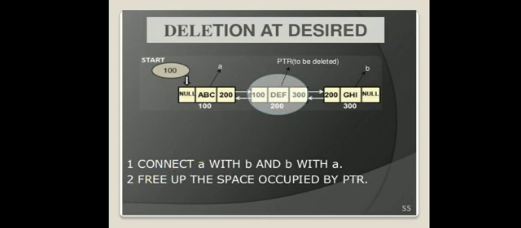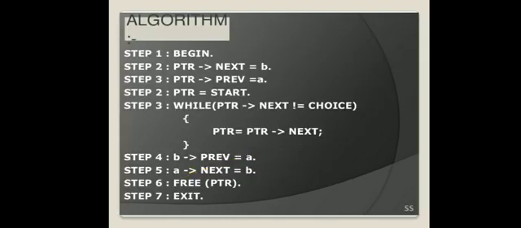Now we'll see deleting a node at a given position. So connect A with B and B with A, and free up the space occupied by the pointer. The algorithm: step 1, begin.